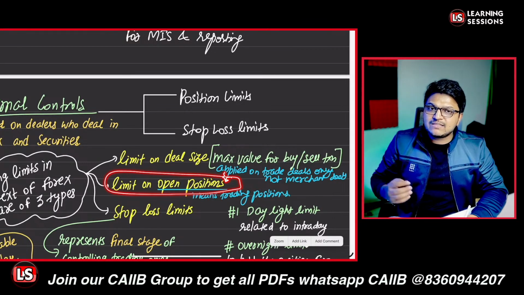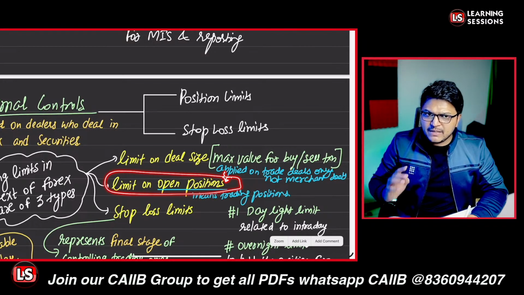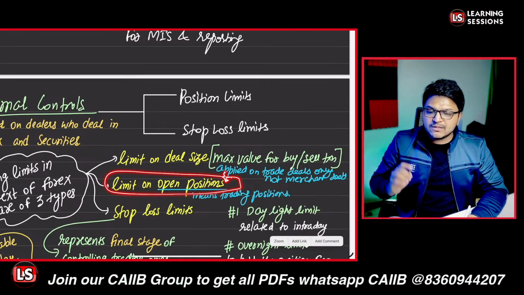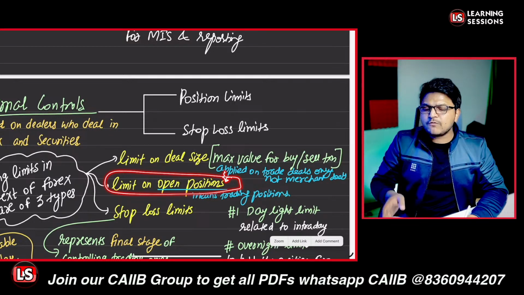It may be currency-wise. Even a gap limit can be there, that if you are in an overbought or oversold condition, what the maximum gap can be. So the board of directors can put in place different types of limits, right?